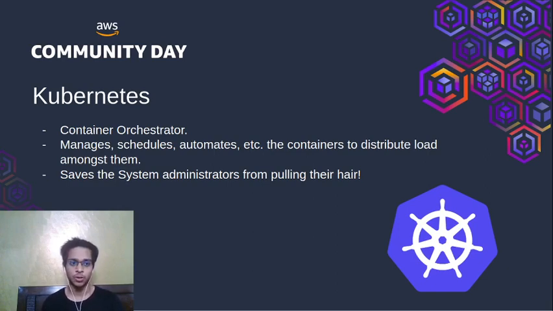It helps save a lot of menial work and a lot of time in doing manual work which can be done in an automated fashion. So that's what Kubernetes is. It orchestrates the containerized workloads and hence it saves the system administrators from pulling their hair.